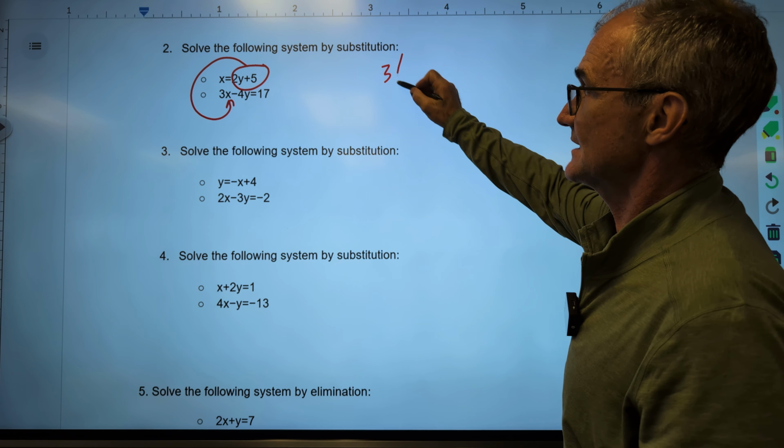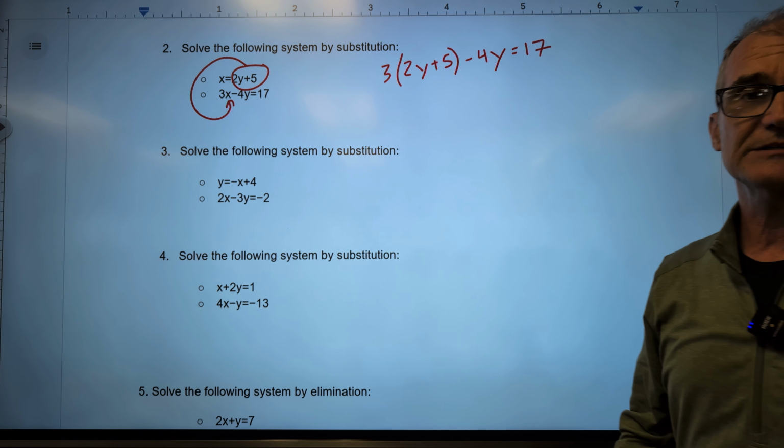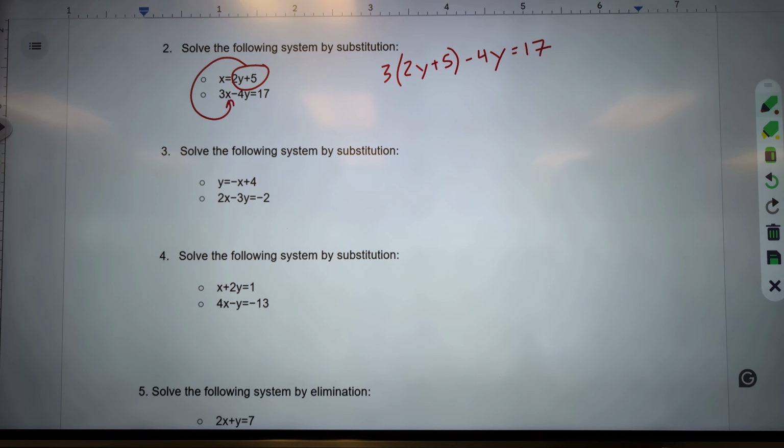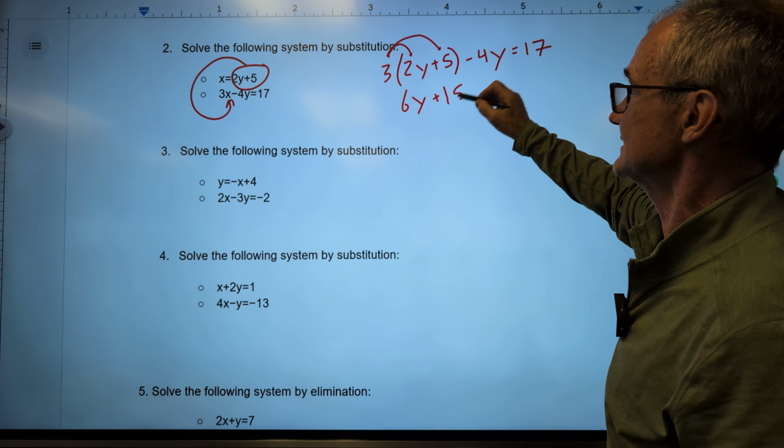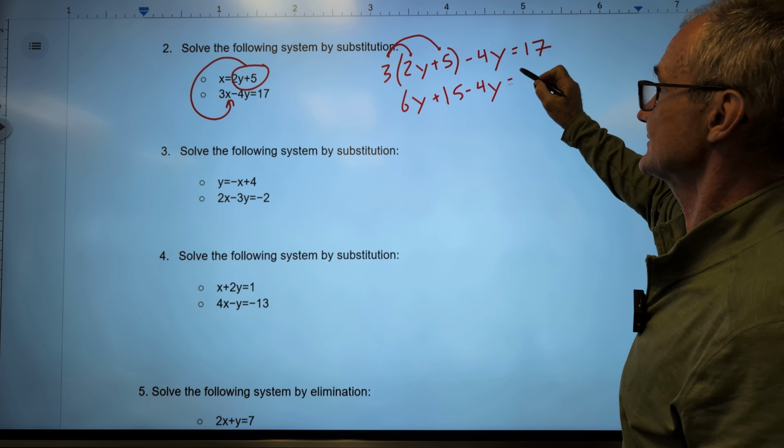I've taken the two equations through substitution to create one equation, one variable. Now I'm going to solve for y. Important part, especially on an ASVAB or military exam, you've got to remember to distribute that 3 through the whole quantity to give you 6y, 3 times 2y, plus 3 times 5, 15, minus 4y equals 17.